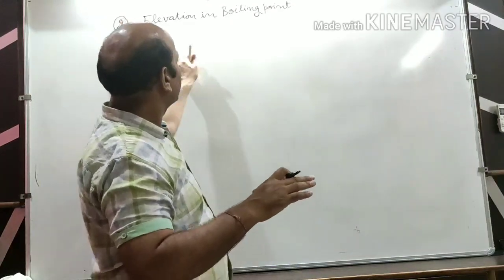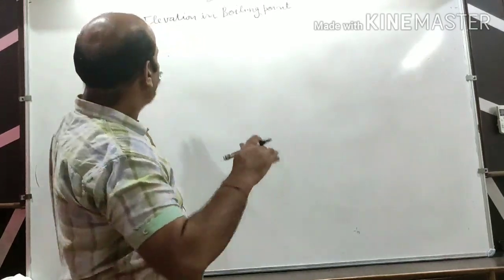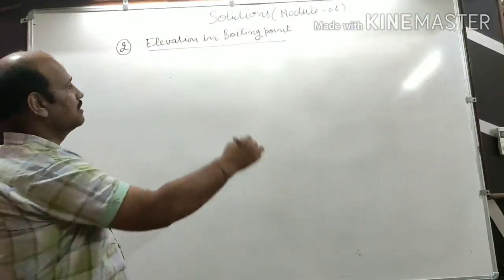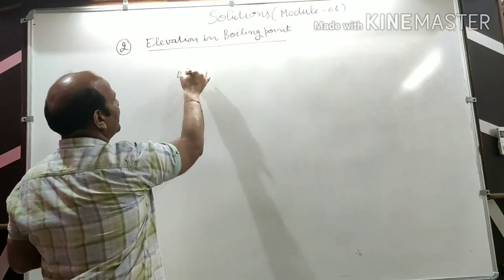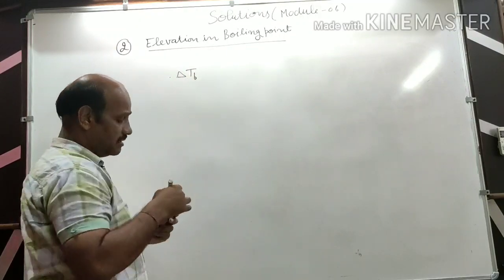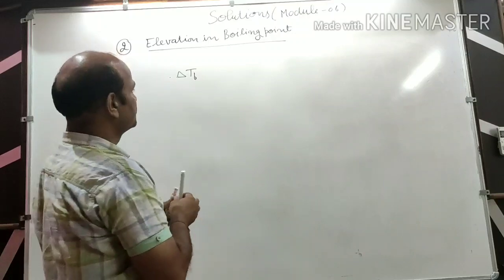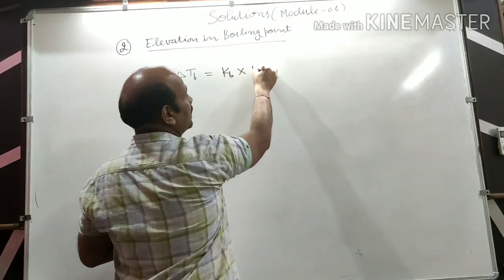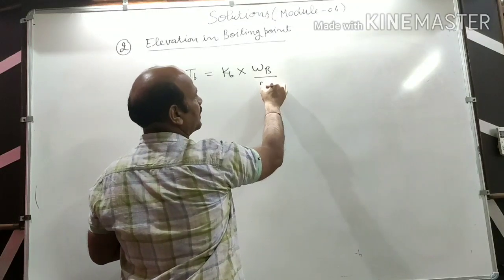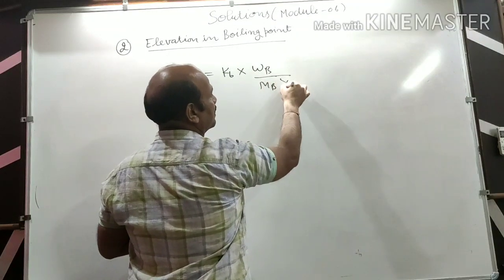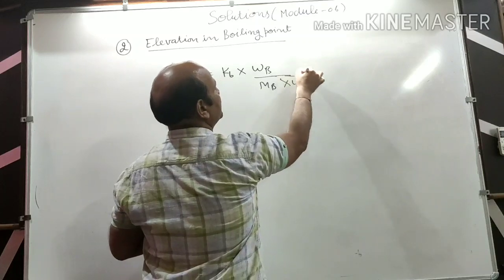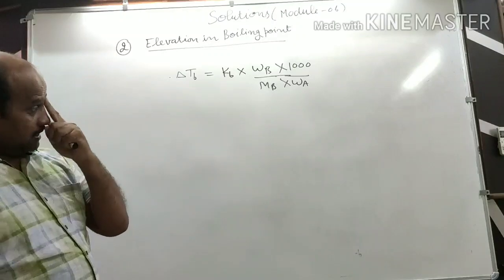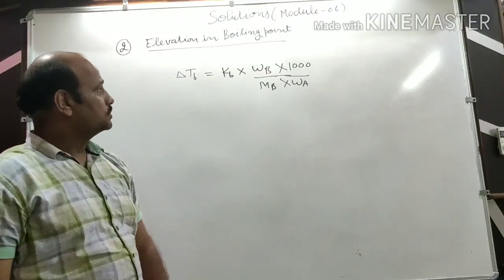Now we have brought one relation between elevation in boiling point and molar mass of solute, and this one is this: KB into WB upon MB into WA into 1000. This formula you will use in numericals.